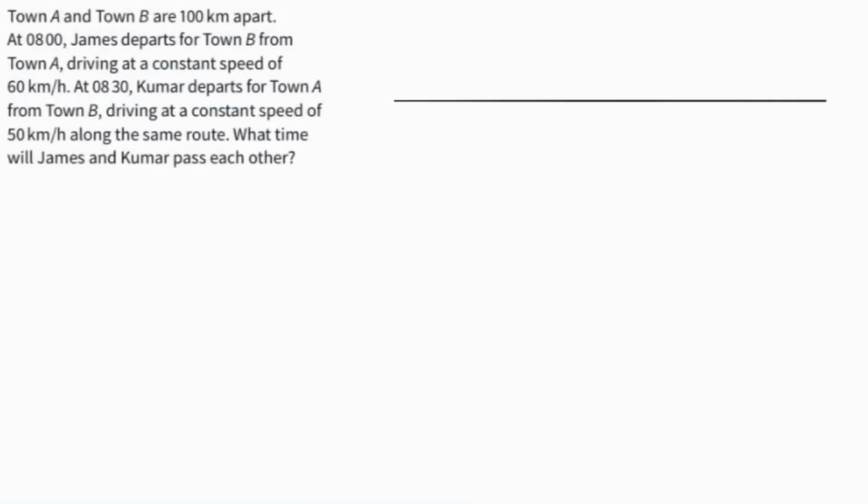Hello everyone, welcome to this video where we are given town A and town B. So I'm going to just sketch a diagram out. They are 100 kilometers apart. Alright, so from here to here is 100 kilometers apart.